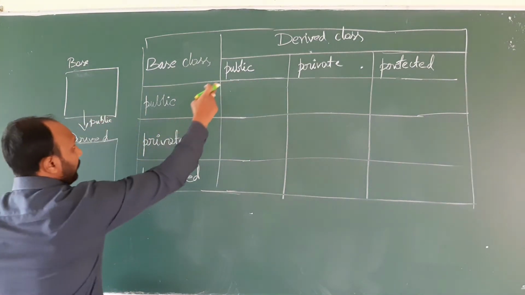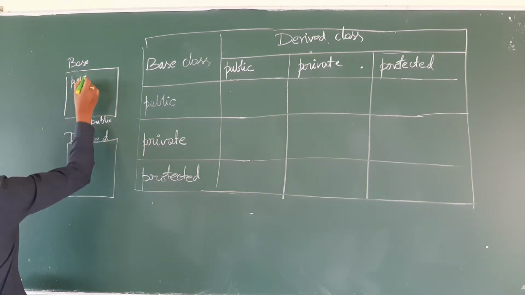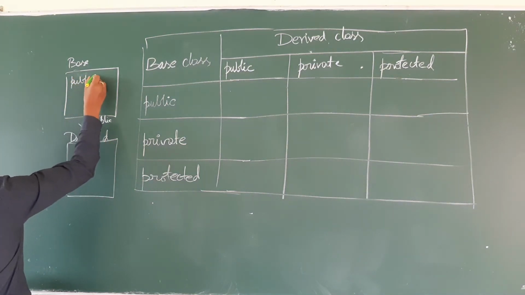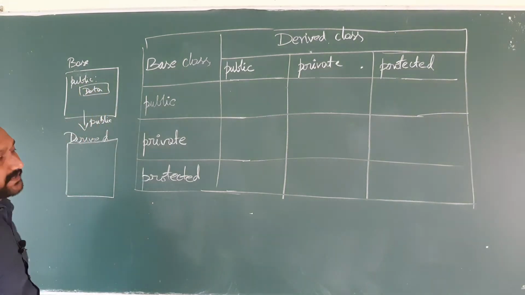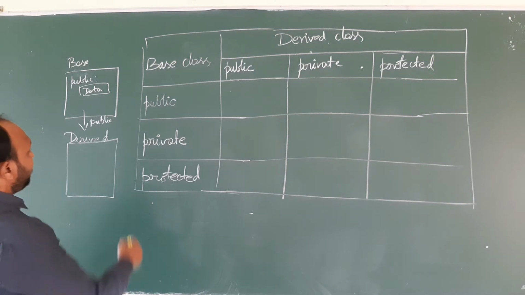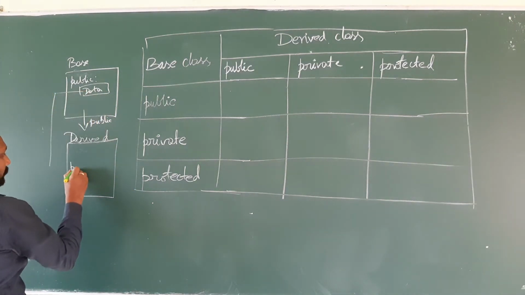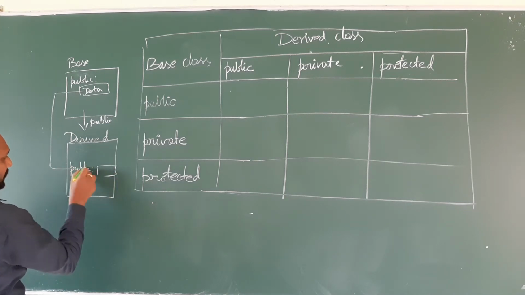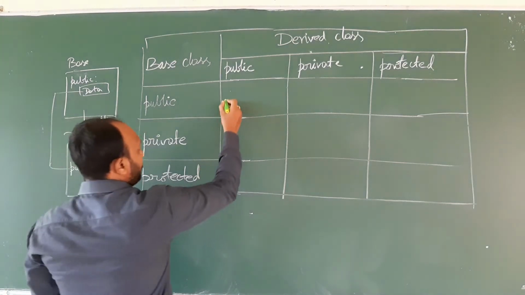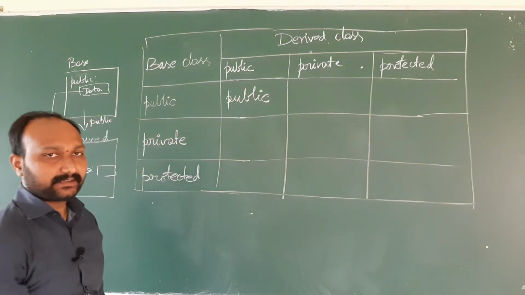Then public members of the base class, if there is any data in public access specifier, will become public members of the derived class.